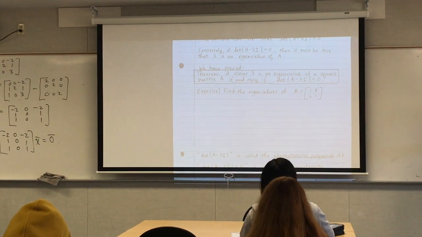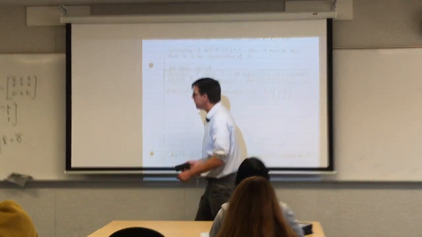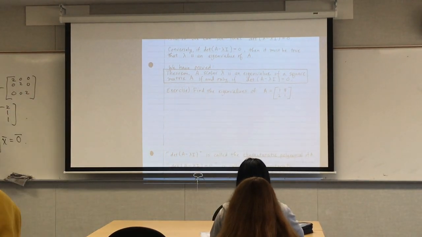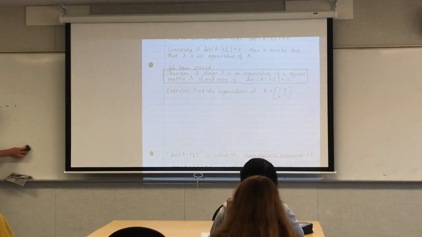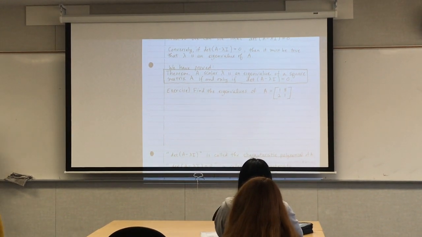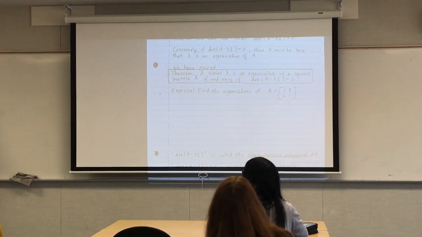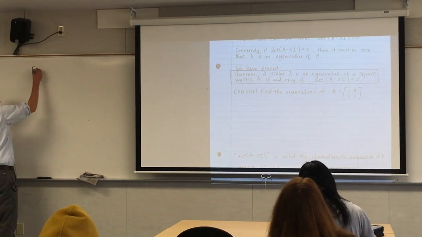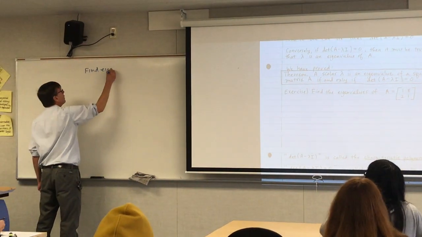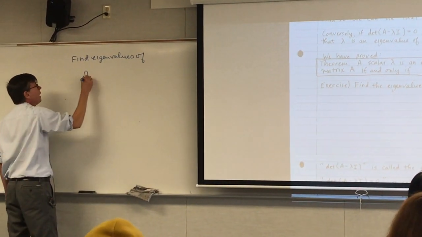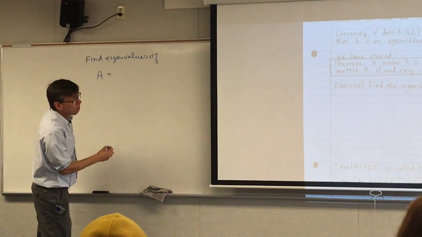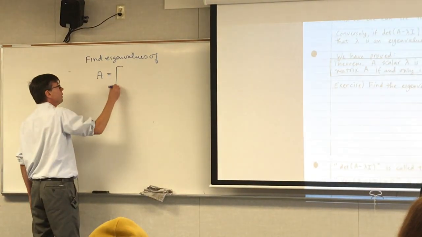This is the theorem that we apply to find eigenvalues for a matrix. That's why in the exercise I'm saying find the eigenvalues of A equals [[1, 8], [2, 1]].